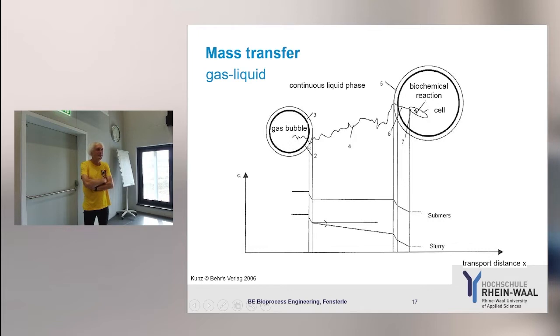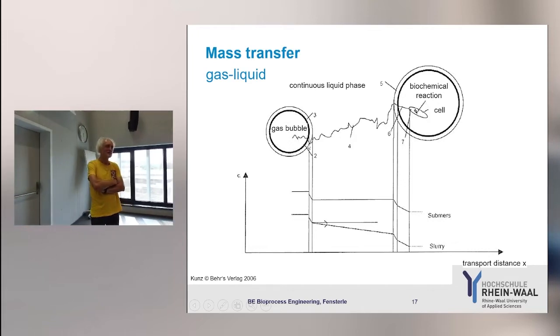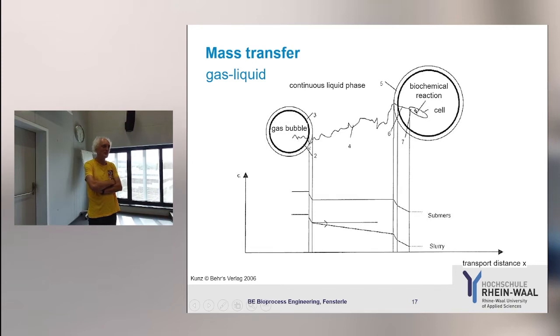So of course there can be some convection inside, but we're not so absolutely relaxed with respect to convection in a gas bubble. It's kind of constructed. And we heard the word Pfusch in the last lecture.